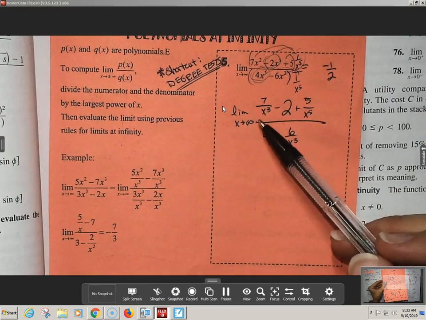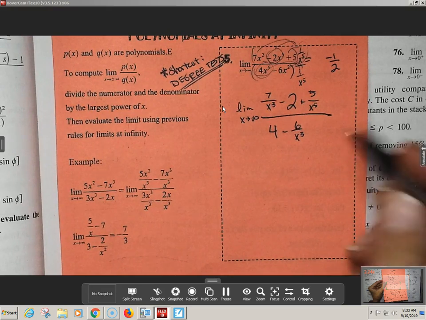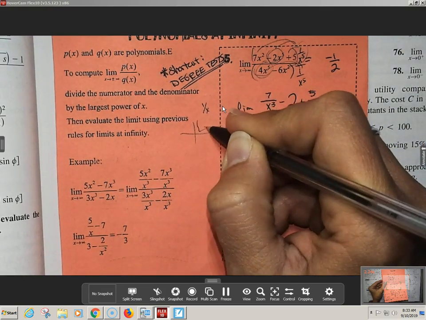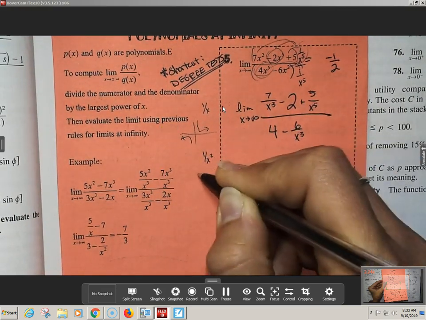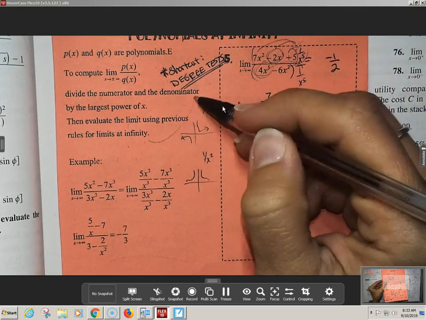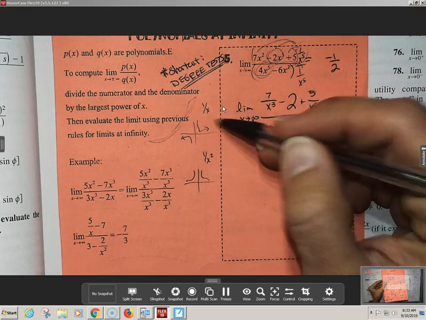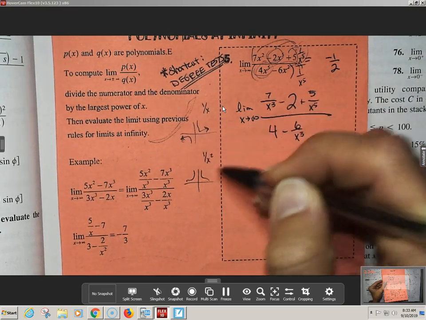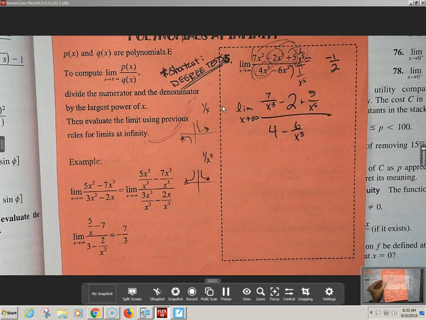Now the nice thing is when you do this strategy, the limit as x goes to infinity of 1 over x to any odd power or 1 over x to any even power, thinking about our basic graphs, what this whole thing is saying is, hey, no matter what you have, when you have a constant over x to a power, the limit to infinity will always be 0, whether you're going to the right or to the left, whether you have even powers or odd powers.